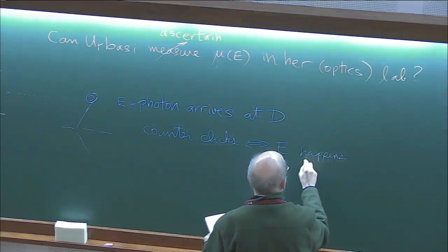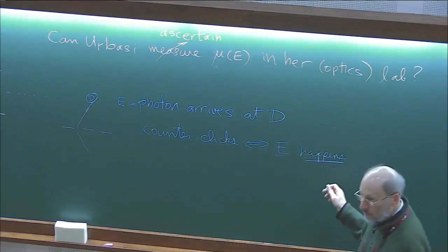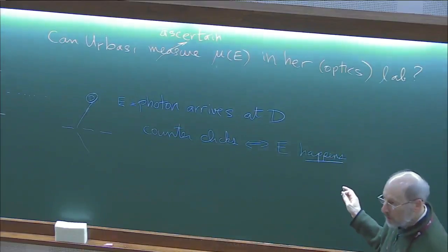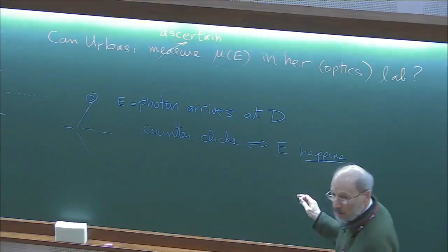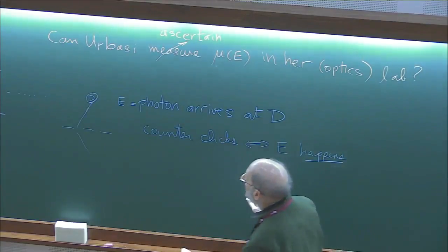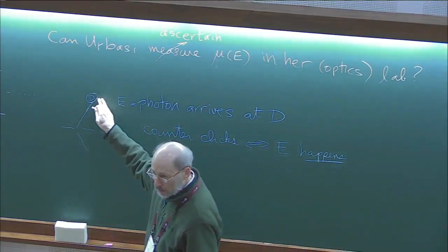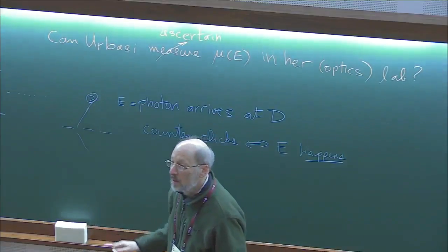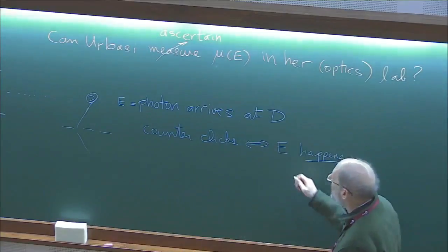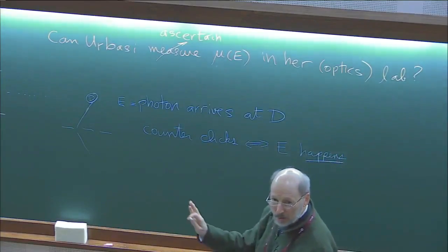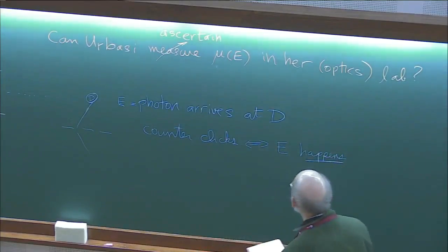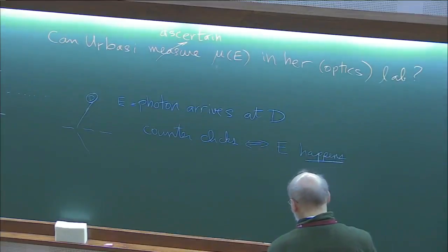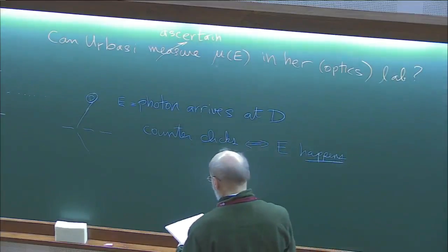I'm getting into dangerous ground because I'm really attributing some happening to the micro world, which is a controversial thing to do. However, I think it's not very controversial to say that if you put a photon counter here and it clicks, then probably the photon did arrive at that location. But that's already going beyond pure phenomenology, pure operational statements, in a kind of harmless way.